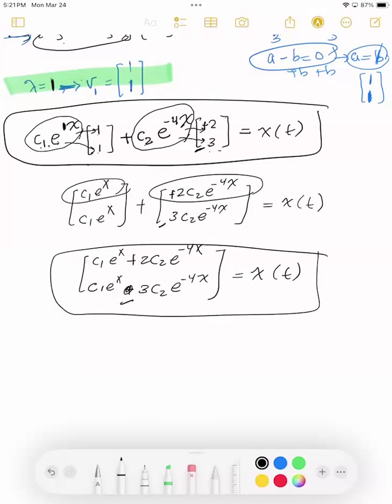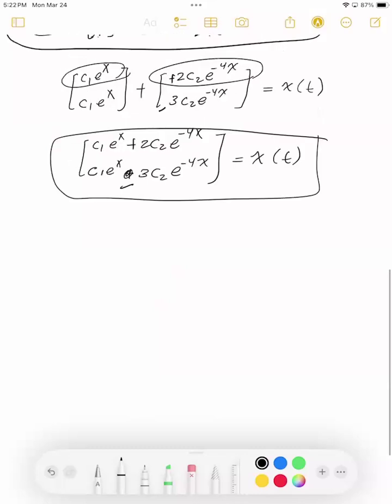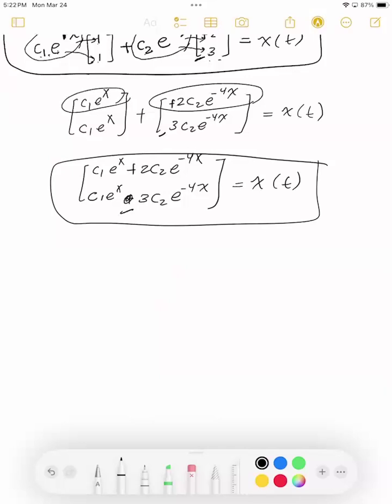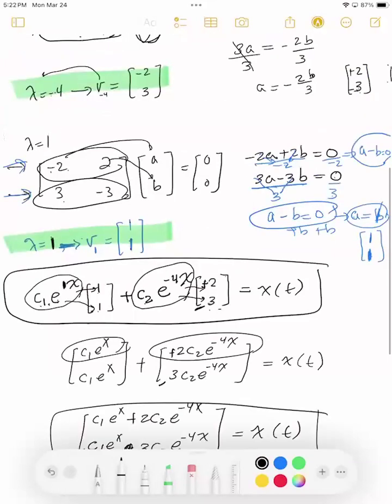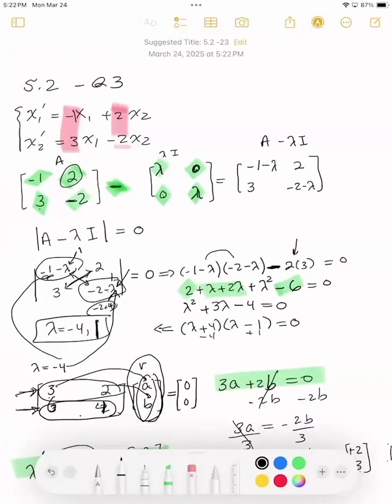And then the other part where it says construct a direction field for the solution curves. The way I do this, I have told you before, you have your equation. This is my x1 prime, and this is my x2 prime.